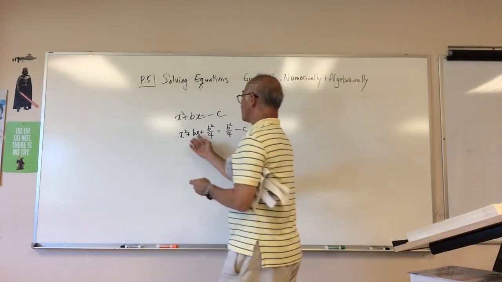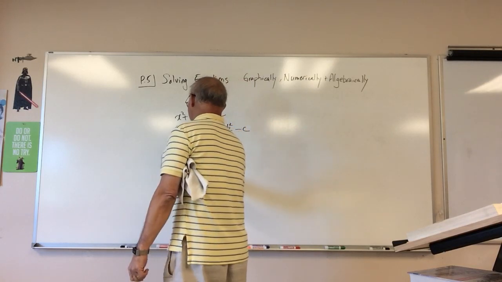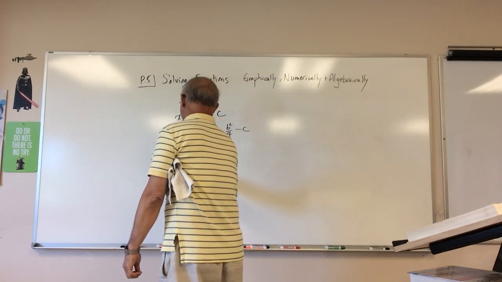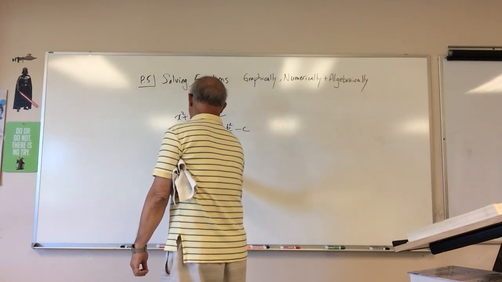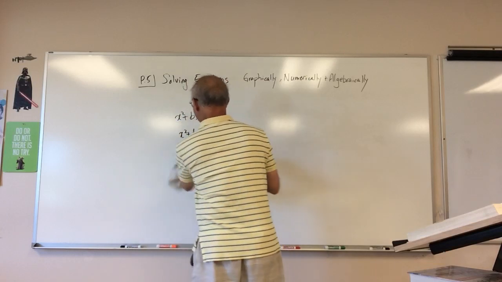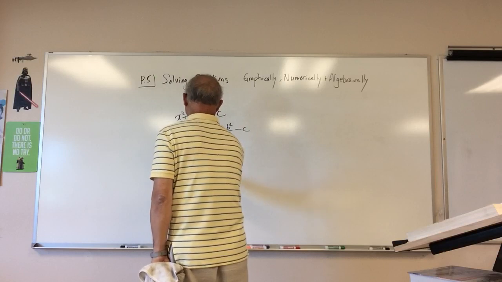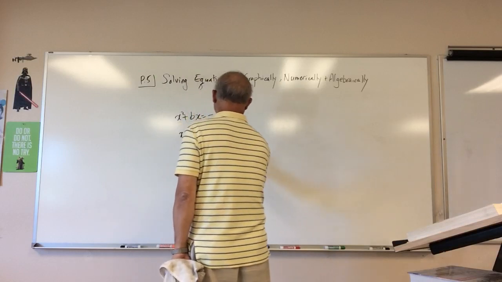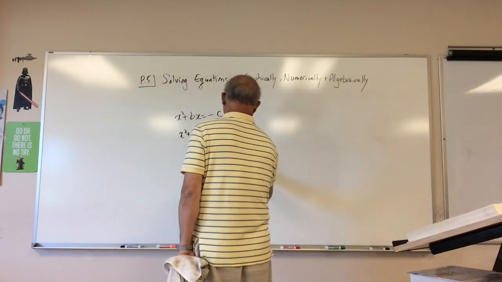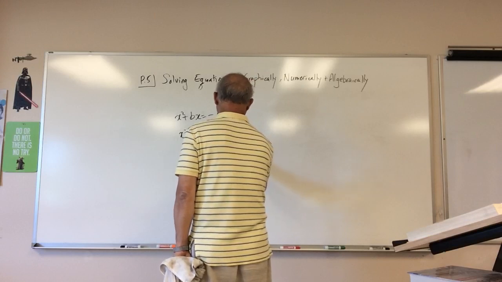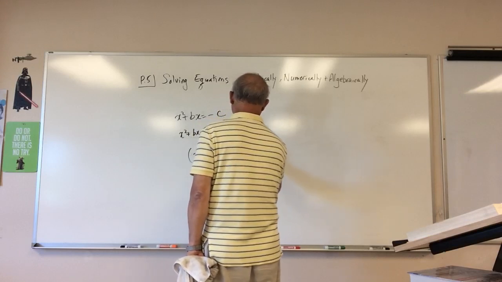I can now say that this is x squared plus bx plus b squared over 4, which is the same as x plus b over 2, squared. And over here I'm going to get b squared over 4 minus c, or b squared minus 4c over 4.